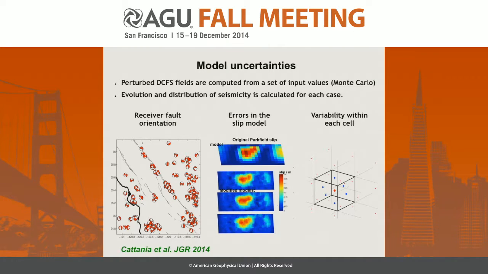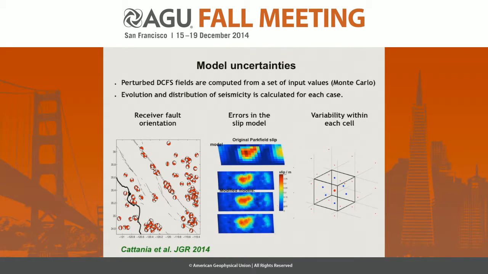This is a slide that I stole from one of the other REACT participants, Camilla Catania at GFZ. Basically, this is illustrating some of the uncertainties when you go to make a Coulomb map. You have to resolve the stresses onto planes with a particular orientation, and you don't know that orientation. So you can do optimally oriented planes, you can choose structure, you can make some type of decision, but you do have to make a decision.